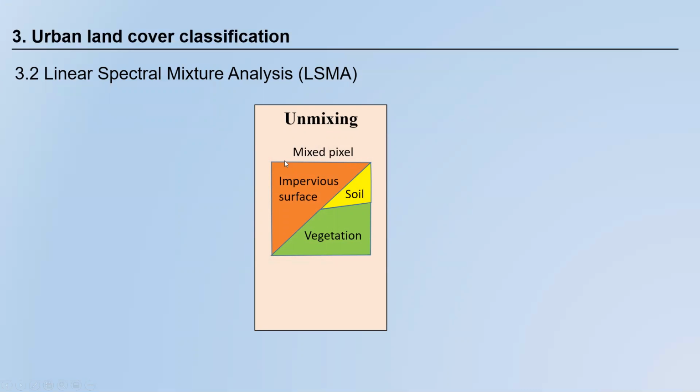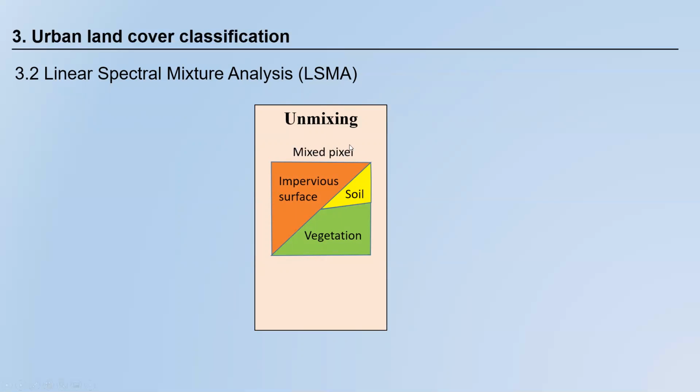Let me tell you. So here, let's just consider this blue square is a pixel, okay? And within this pixel, there are impervious surface, soil, and vegetation, VIS. Let's just assume all three of them are within this pixel.